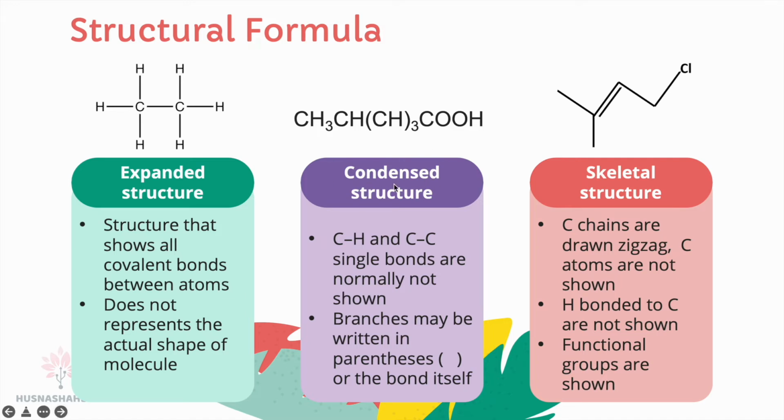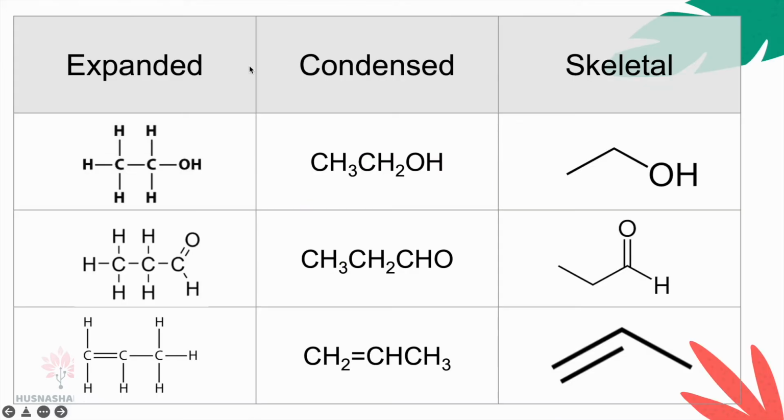But in skeletal structure, only the carbon-carbon bond is shown. It doesn't matter whether it's a single bond, double bond, or triple bond, you have to show the bond. The carbon atoms and the hydrogen atoms are not shown in skeletal structure. These are the expanded, condensed, and skeletal examples.